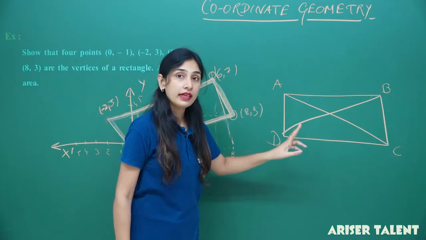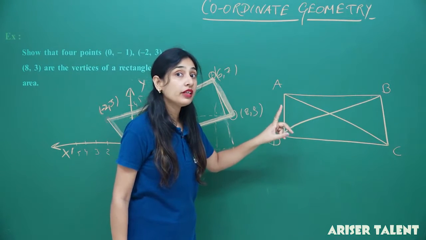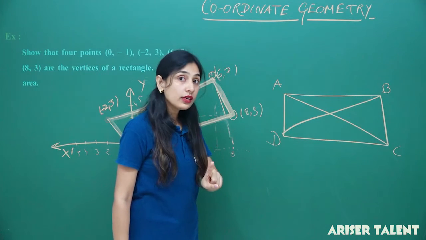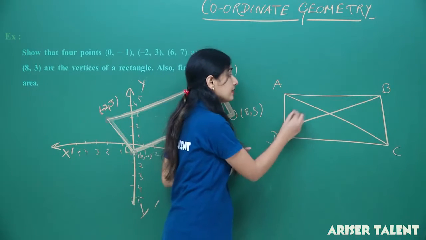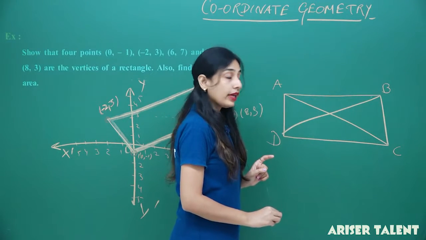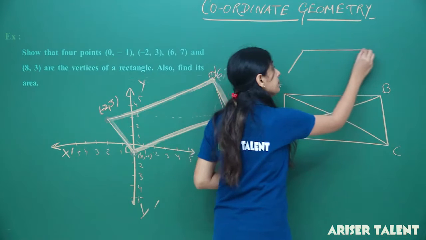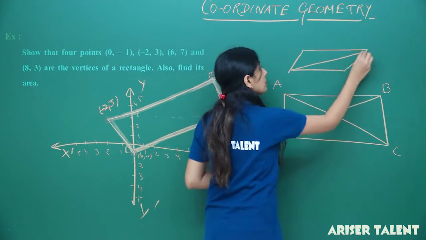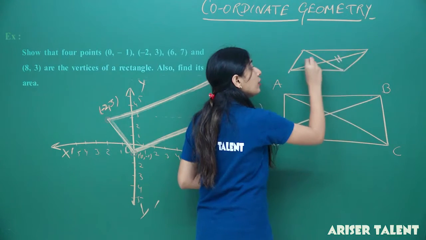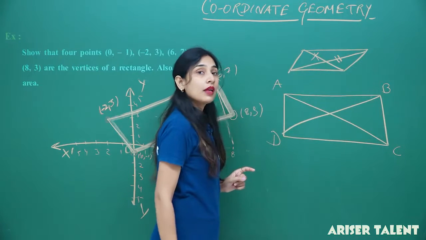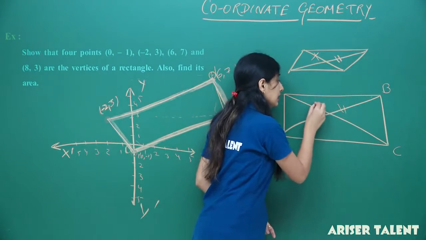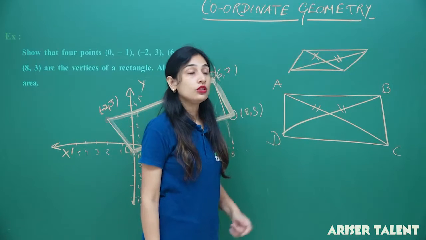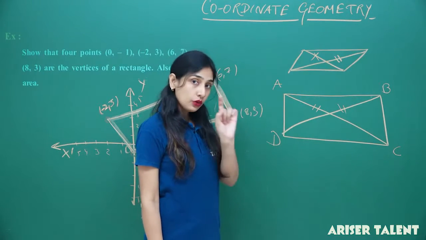The diagonals of a quadrilateral will be equal in only one case, if this is a rectangle. If this is a parallelogram, the lengths will not be equal. But if this is only a rectangle, these will be equal. So the diagonals will be equal. Now you can understand that.